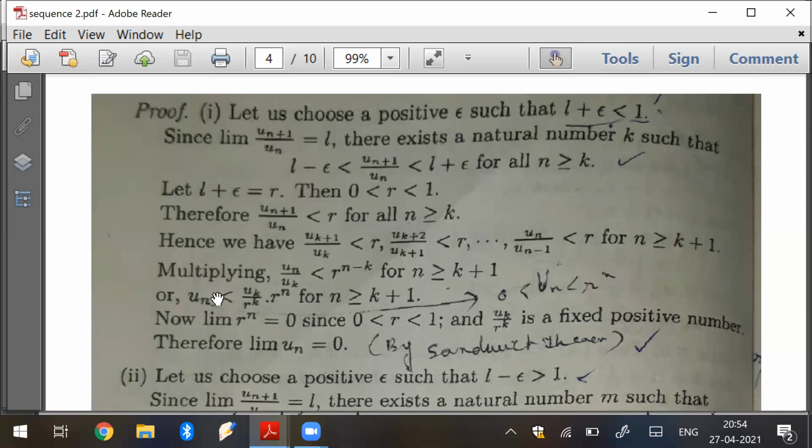Again, on the left hand side it is greater than 0. On the right hand side you are also getting 0. So by the Sandwich theorem, your un tends to 0. You recall what the Sandwich theorem was.